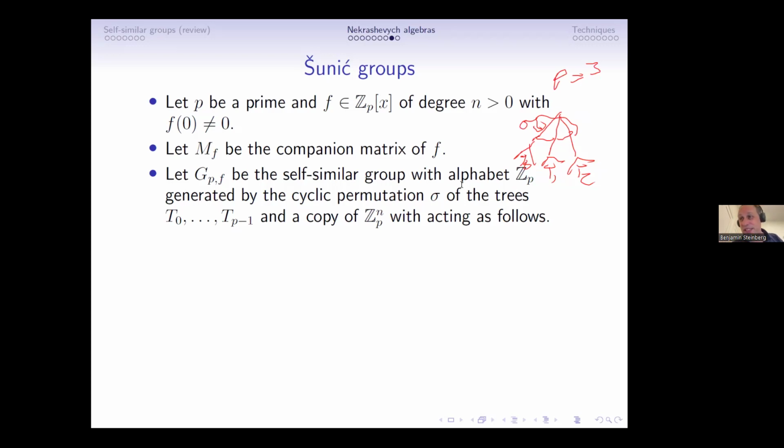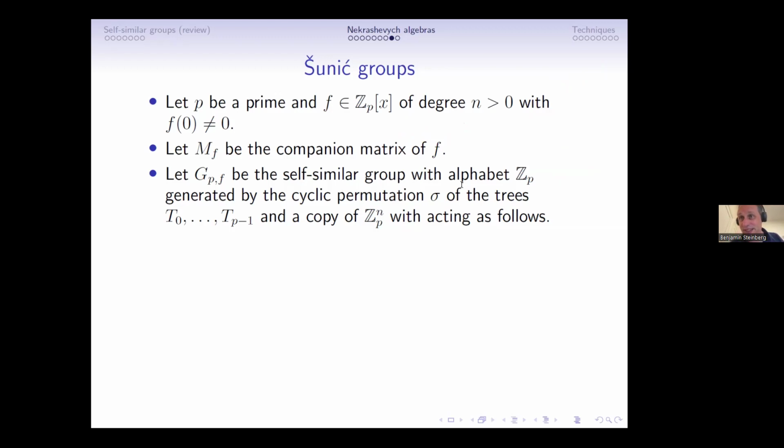So it's going to move T0 to T1, T1 to T2, and T2 to T0, and not change anything else. So its sections are all trivial afterwards. Sigma on a word like 1W will be 2W. So is it clear what sigma does? It just cyclically permutes the first letter, and so it's clearly an automorphism of order P.